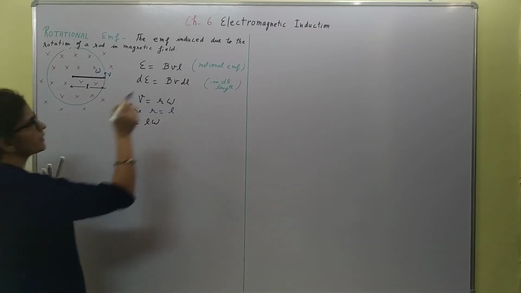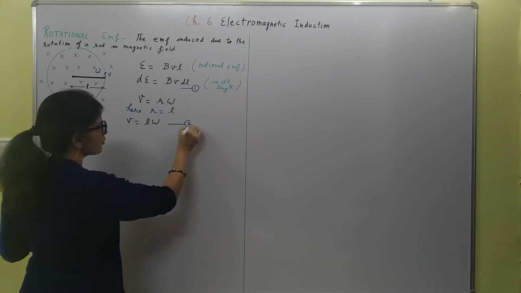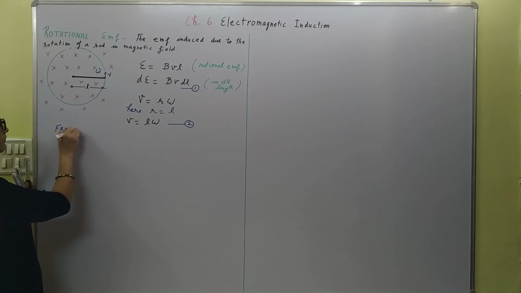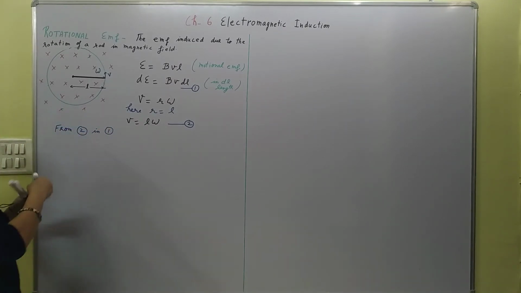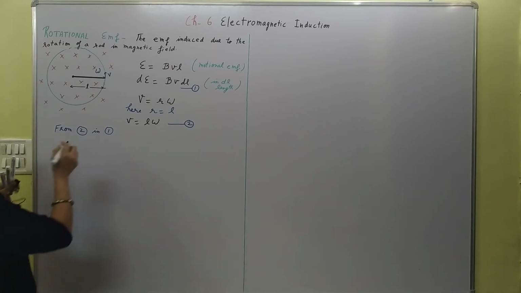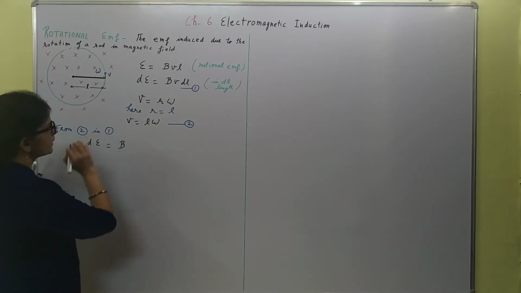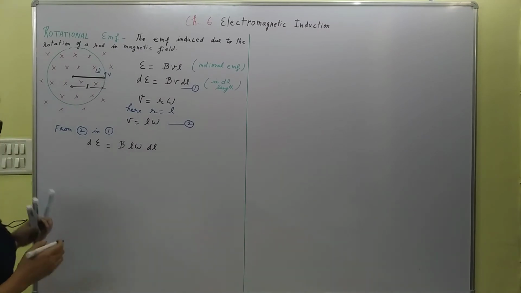Now if I put this equation as 1 and this equation as 2, then from 2 in 1, what I can write is dE is equal to B, for V I am writing L omega, and this is dl, right?